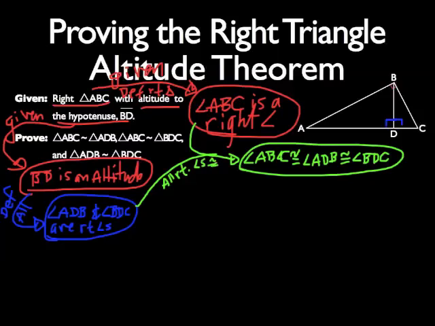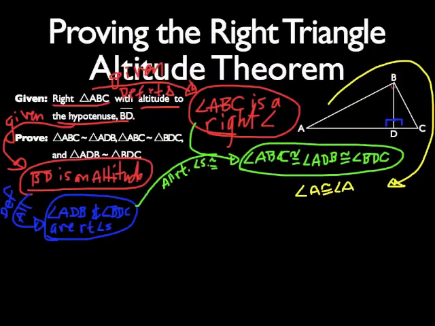Oh, wait a minute here. I'm noticing that angle A here is in two triangles. It's in triangle ABC, and it's also in triangle ADB. So we can say it's congruent to itself. So angle A is congruent to angle A. But why stop there?